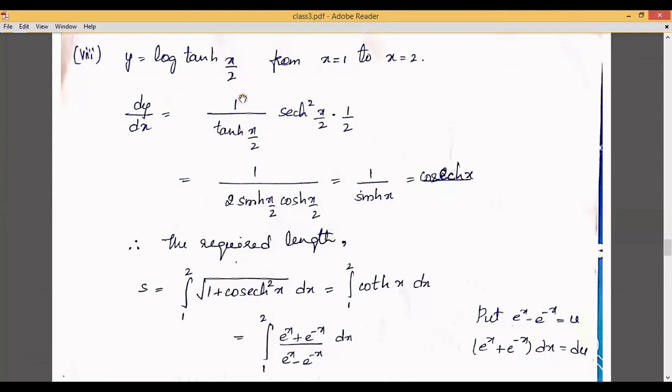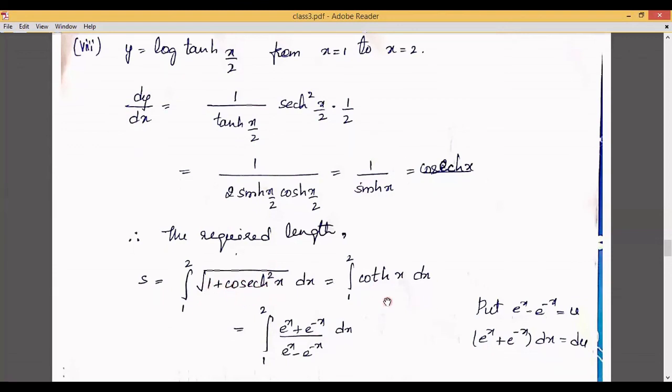So here I have again differentiated and found out what dy by dx is. You can just go through this. I have found out what dy by dx is, and I have substituted it in the formula. And 1 plus cosecant hyperbolic square is cot hyperbolic square x. Because of the root, that becomes cot hyperbolic x.